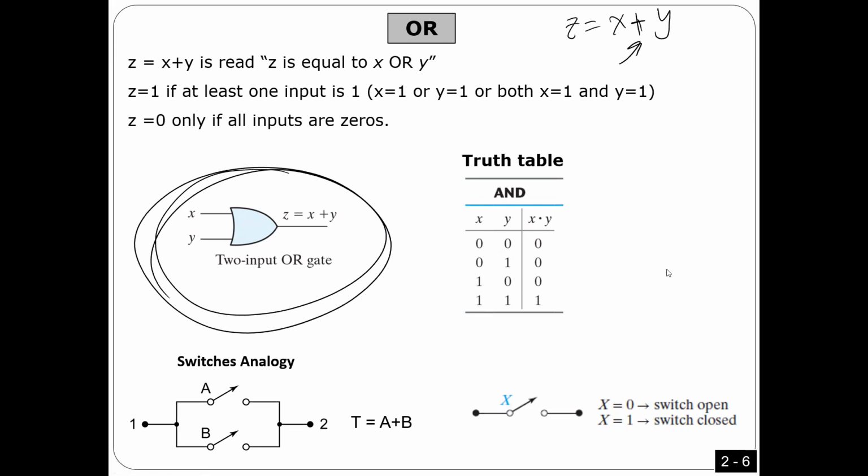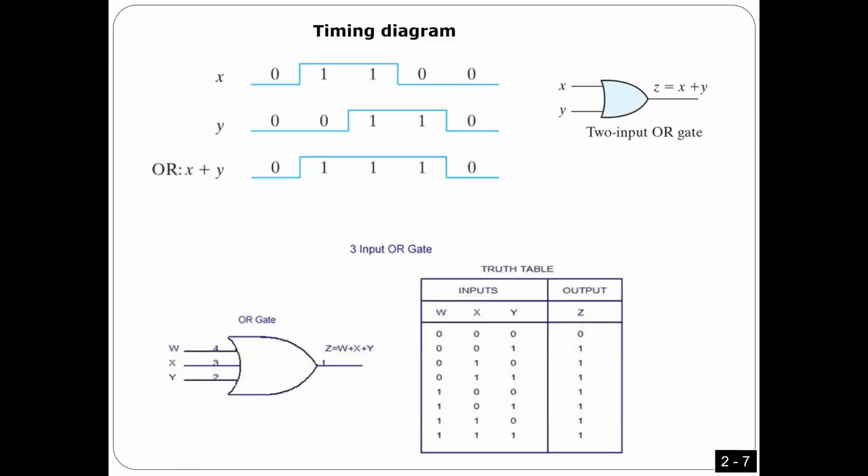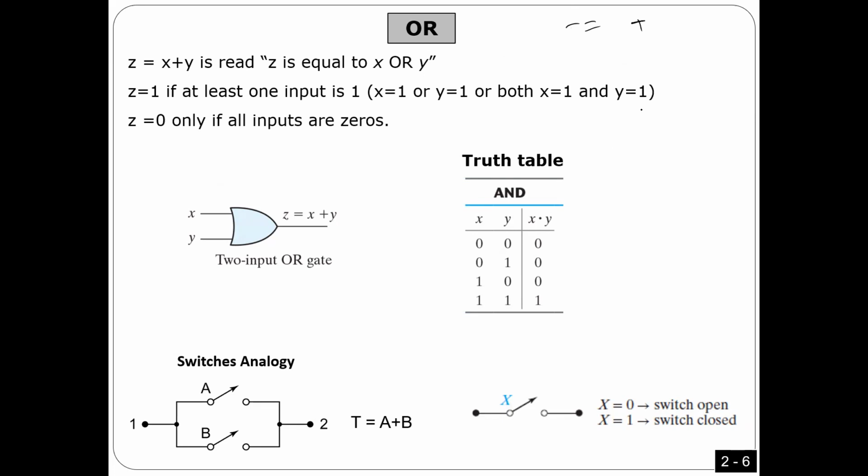Because it's OR, if one input is 1, I'm gonna get... I'm sorry. Oops, here I put the truth table for AND. I'm sorry, I'm gonna correct it. So this is the truth table for AND. If you look at the truth table of OR, here if one input is 1, the result is 1.